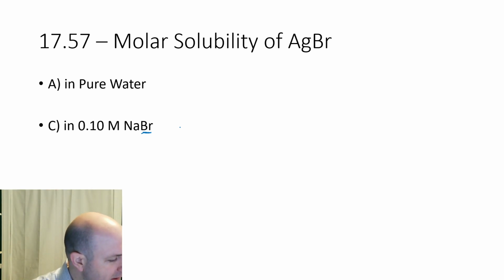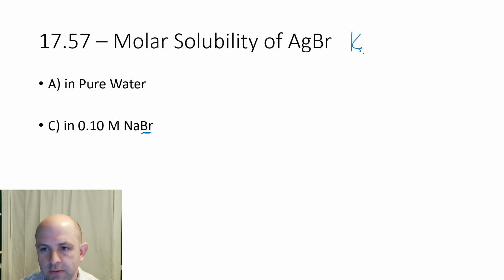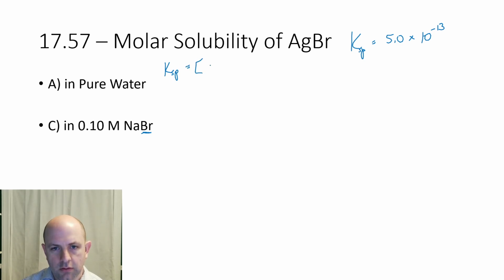All right, so we have to look up silver bromide here in the book. There it is, AgBr. This Ksp is 5.0 times 10 to the negative 13th. And so we just say, okay, in pure water, the Ksp is going to be the silver concentration times the bromide concentration.